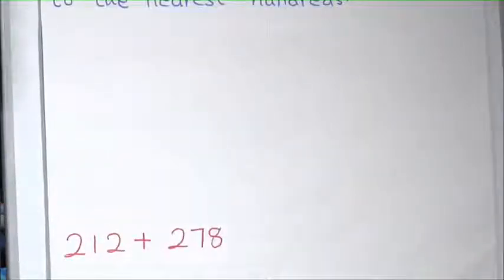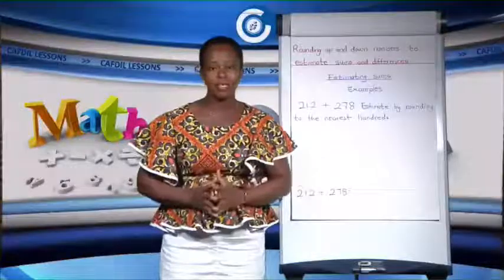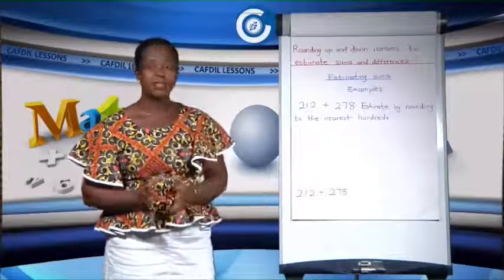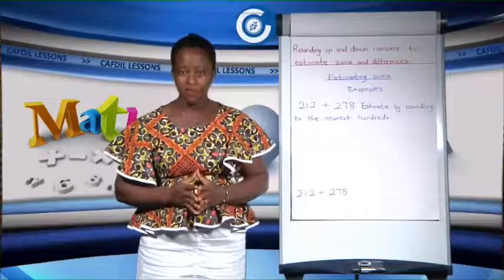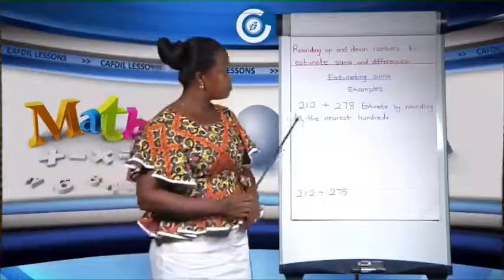All right. Now, rounding up and down numbers to estimate sums and differences. We are starting with estimating sums. When we are through with that, we will move on to estimating differences as well. I have examples here.